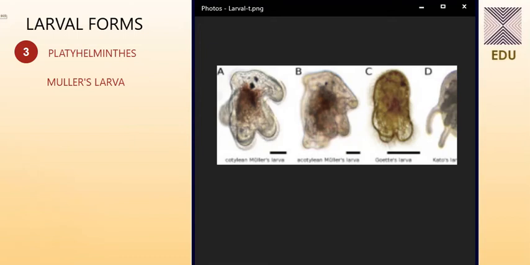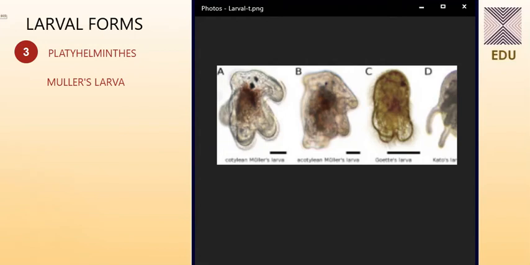So if I talk about the Polycladida group, as we have taken the case of the Müller's larva, the Polycladida group can be divided into two suborders. These two suborders are the Acotylea and the Cotylea group. Now what is the basic difference? Cotyl refers to the sucker. So if the sucker is present, it will be the Cotylea group animal, and if the sucker is absent, then it will be in the suborder Acotylea.